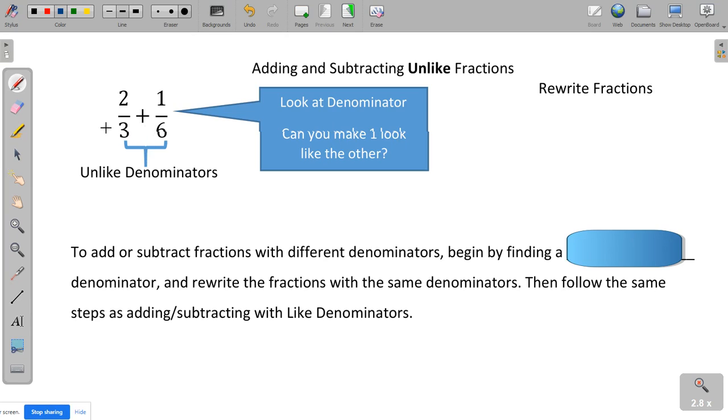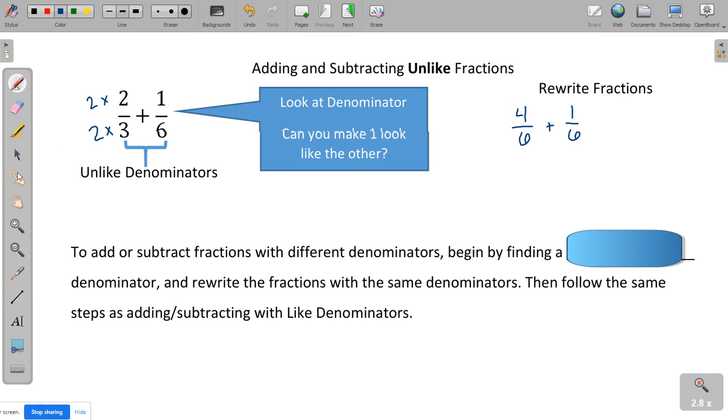There is. We can multiply by 2. So 2 times 3 gives us 6. But if we do it on the bottom, we have to do it to the top. So we could rewrite this as 4/6 plus 1/6. Now we have common denominators.